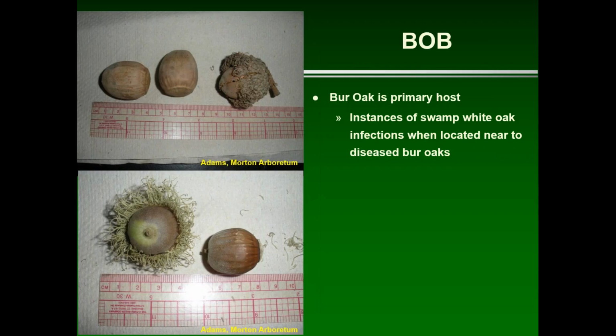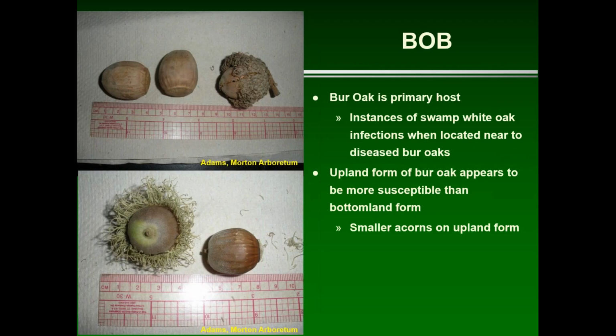So primarily we're looking at this as a disease of bur oak, but apparently it can also show up on swamp white oak, but he didn't really make a big deal about that. He thought it was mainly because they were in close association to infected bur oaks.